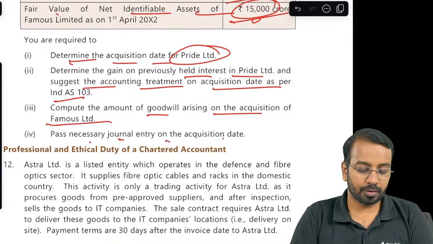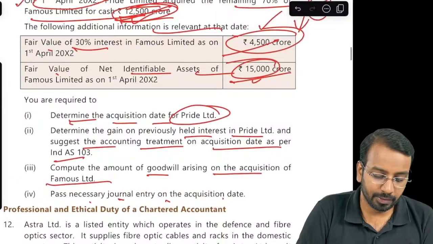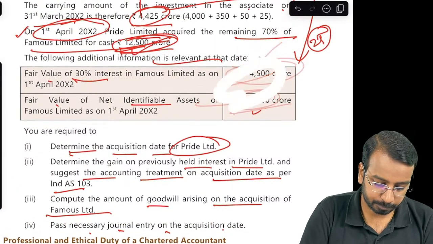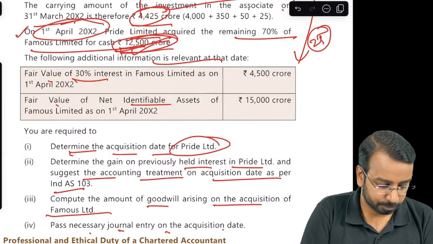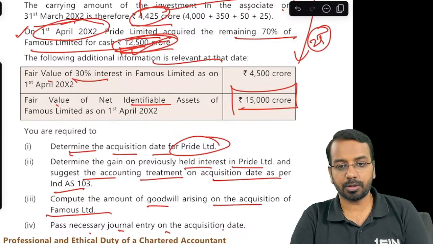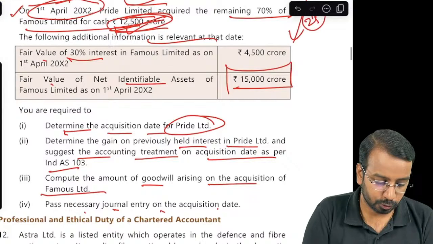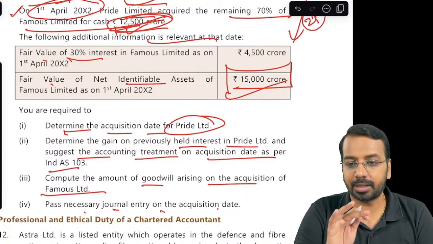Now, pass the journal entry on the acquisition date. On the acquisition date, what we will do is, we will incorporate the net identifiable assets, that is 15,000 crores. We will recognize the goodwill of 2,000 that we have calculated. So debit 15,000, debit 2,000.